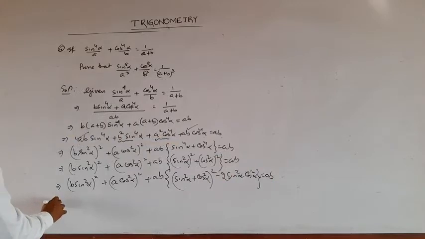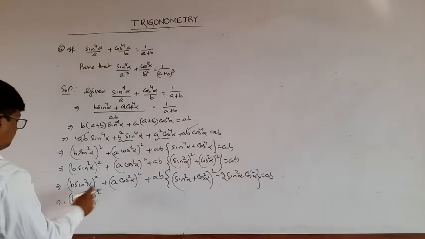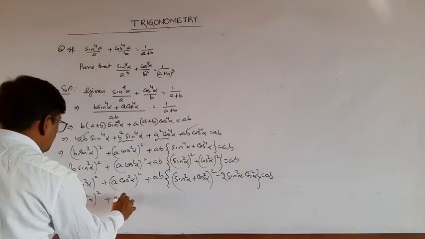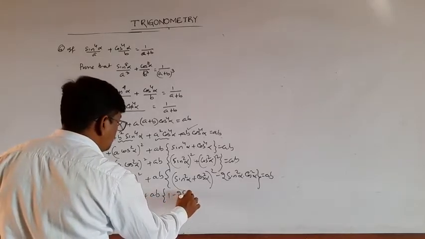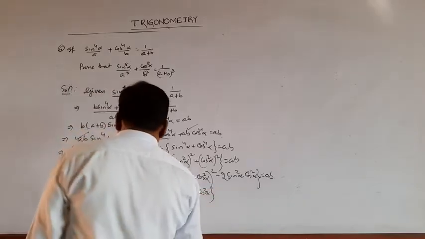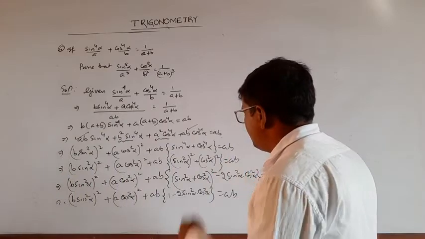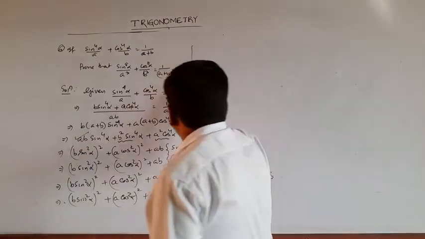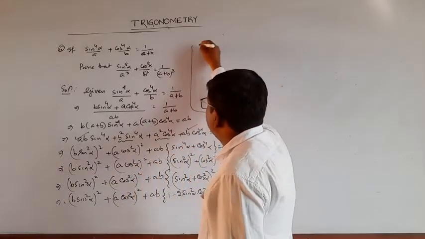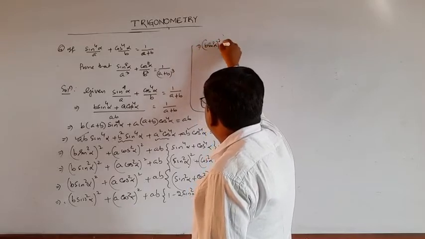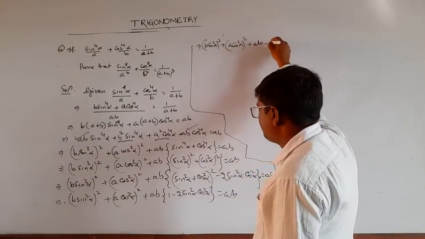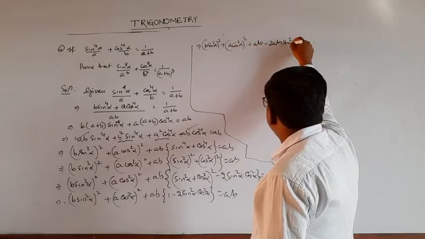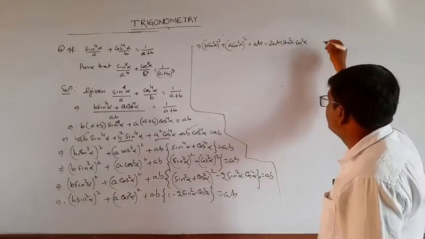So this is equal to b(sin²α)² plus a(cos²α)² plus ab into (1 minus 2 sin²α cos²α). So ab is multiplied here. Now b(sin²α)² plus a(cos²α)², multiply this, plus ab minus 2ab sin²α cos²α, is equal to ab.